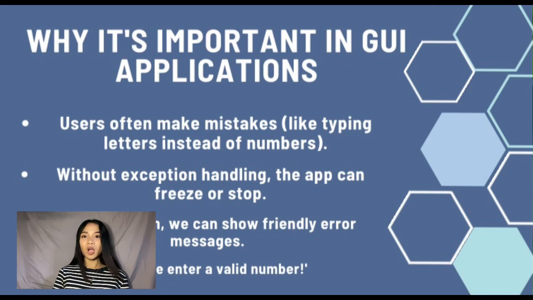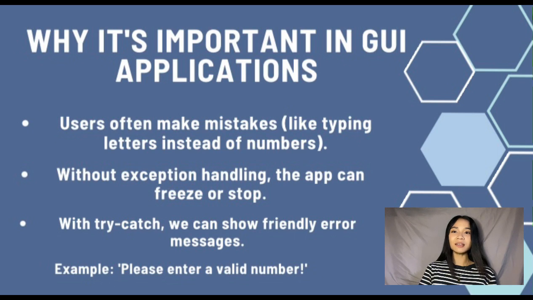Next, why is exception handling important in GUI applications? In graphical apps, users may make mistakes, like typing letters instead of numbers. If there is no exception handling, the app can freeze or close without warning.